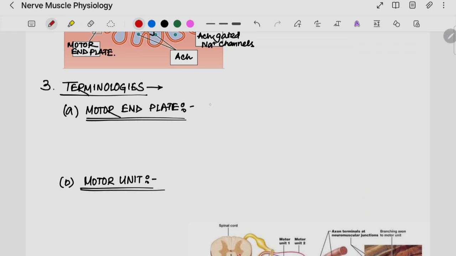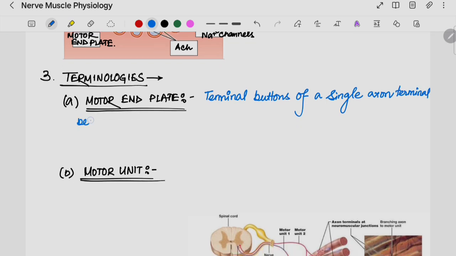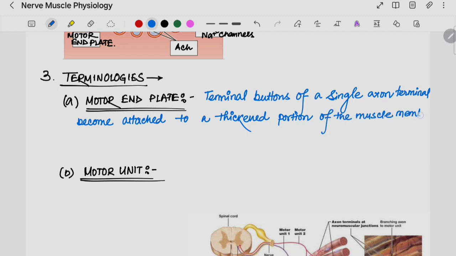So the terminal buttons of a single axon terminal become attached to a thickened portion of the muscle membrane, which is known as the motor end plate.